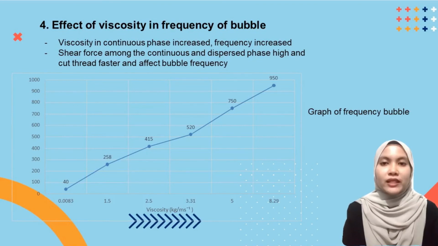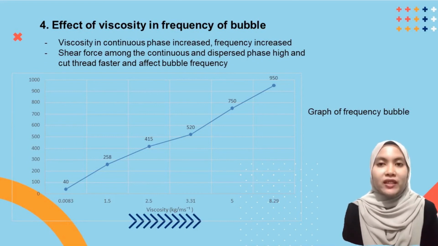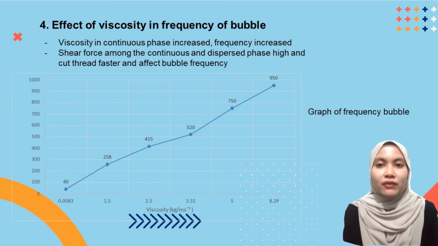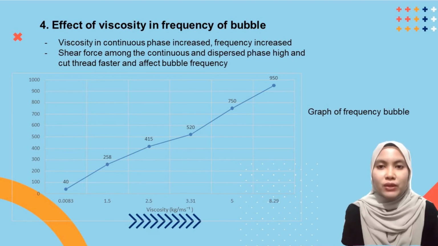This slide shows the effect of the viscosity of the continuous phase on the frequency of bubble formation. Based on the graph, when the viscosity is increased, the frequency of the bubble formation also increases. This is because when high viscosity is applied in the continuous phase, the shear force between the continuous and dispersed phases is high, and that cuts the thread faster and affects the bubble size and the frequency.